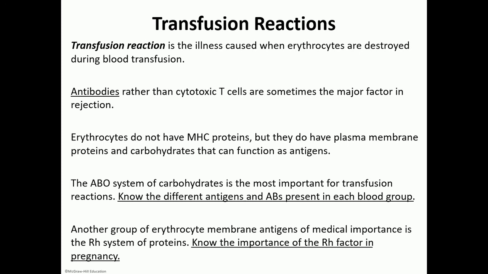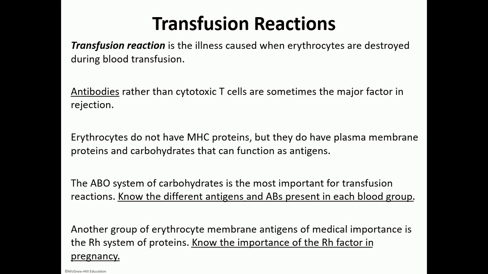You cannot have the same antigen and antibody because then they would be attacking each other. Your blood group is named according to the antigen that you have. If you're blood group B, you would have antigen B and anti-A antibody.